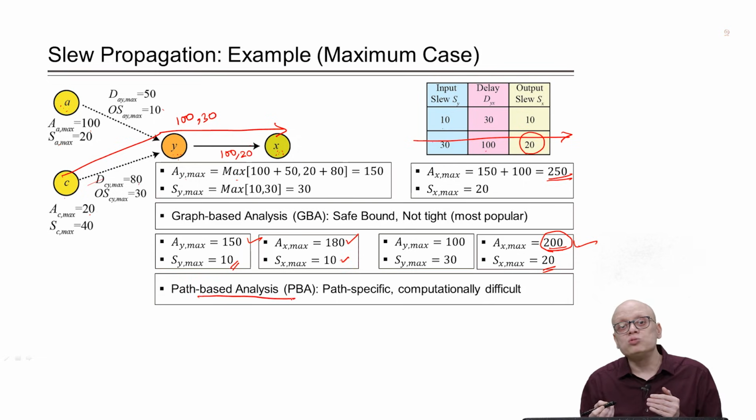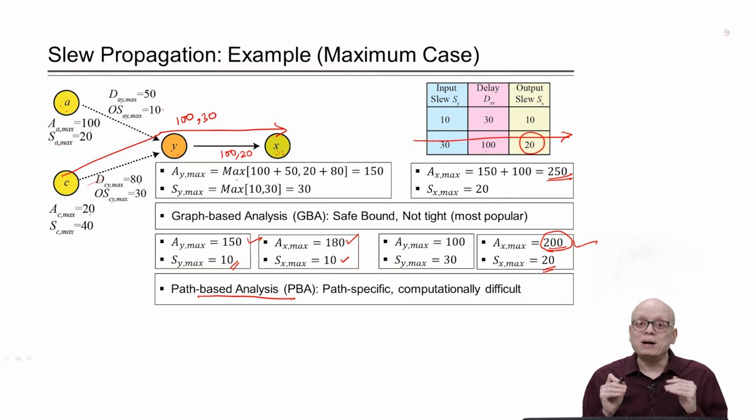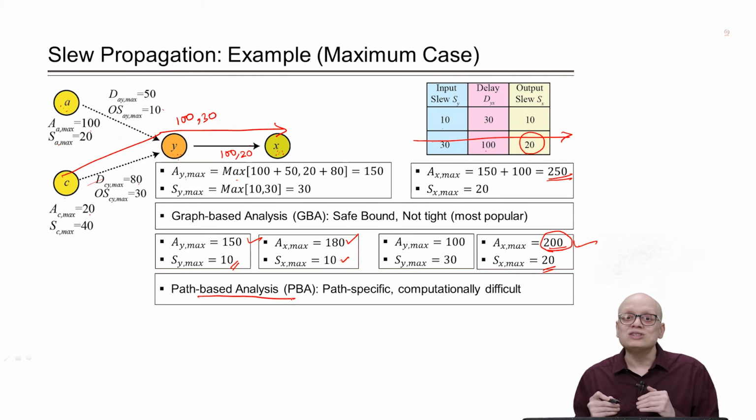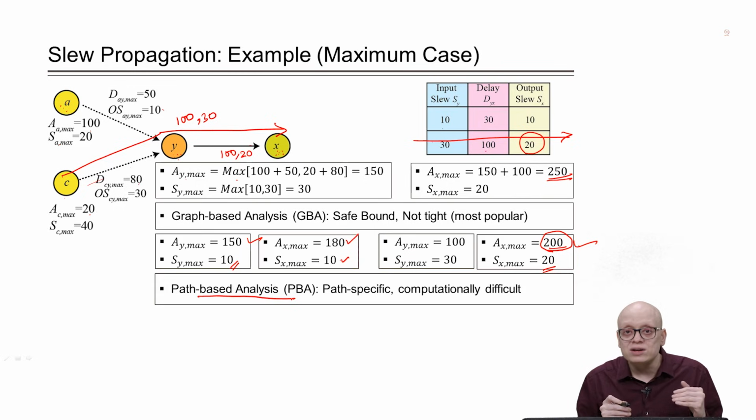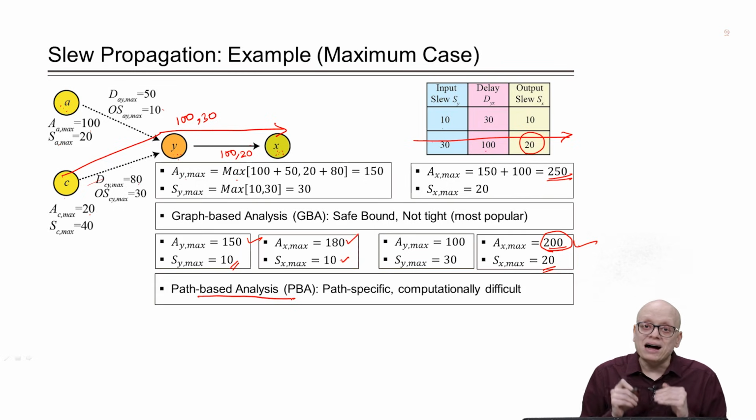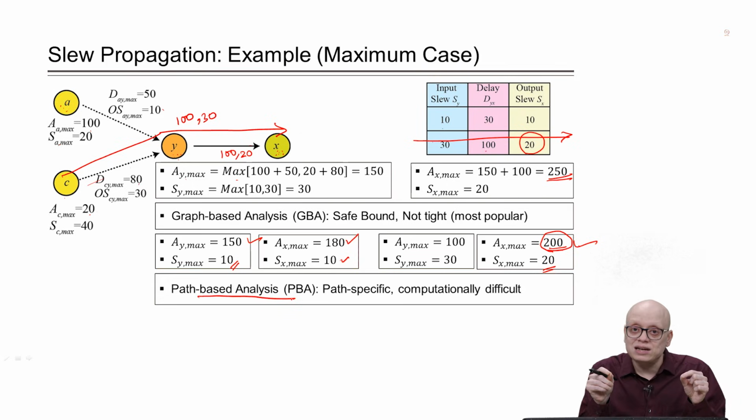So, by default the tools do what is known as GBA, and the timing analysis done through GBA is always safe, but it may contain some pessimism. As a result, we may get some artificial timing violations, and to remove those artificial timing violations, we can do what is known as path based analysis: take the path that is failing, do the timing analysis for that particular path and see whether the timing requirements are met or not.